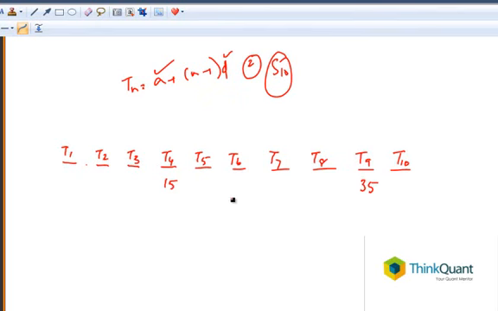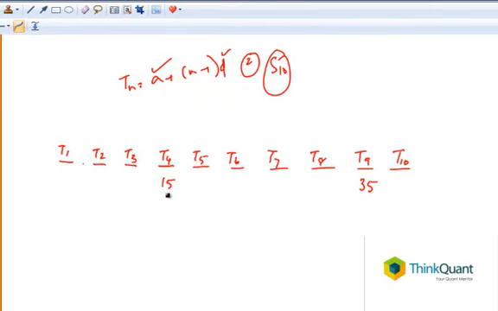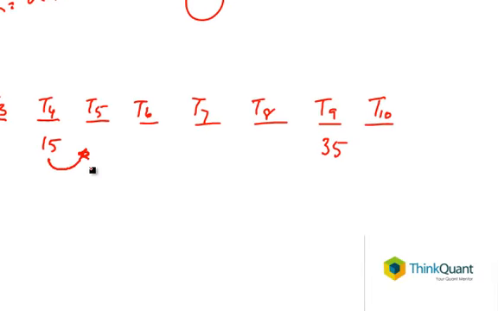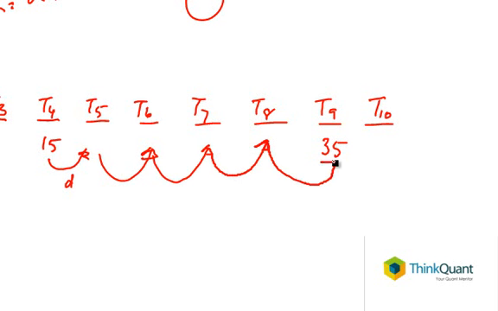Let's look at what happens here. You add a d here, you get the fifth term, and to the fifth term you add a d, you get the sixth term. To the sixth term you add another d, then another d, then another d. So in effect we are adding d plus d plus d plus d.